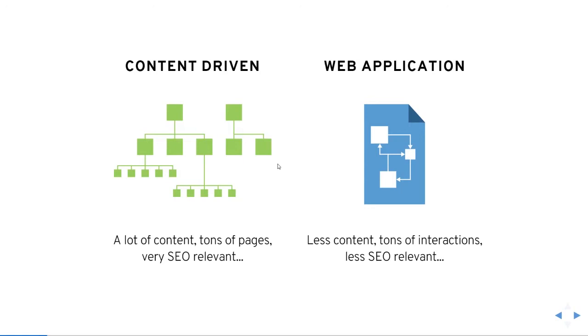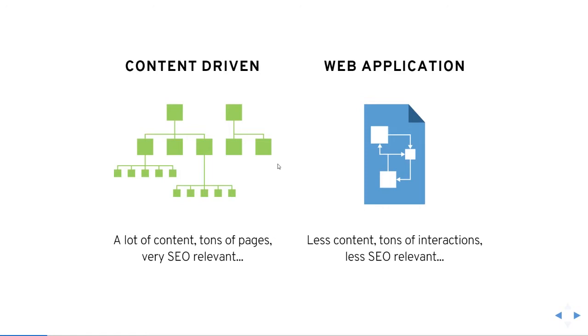And you have loads of text and loads of pictures, and it's really a content driven thing, right? And you have strong SEO requirements because everything needs to be indexed, and tons of pages and all this. And on the other side, you have web applications.